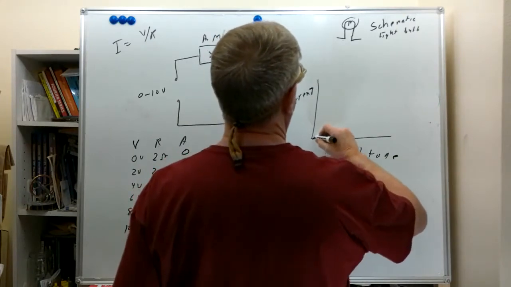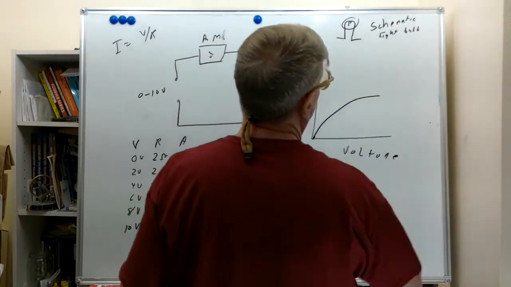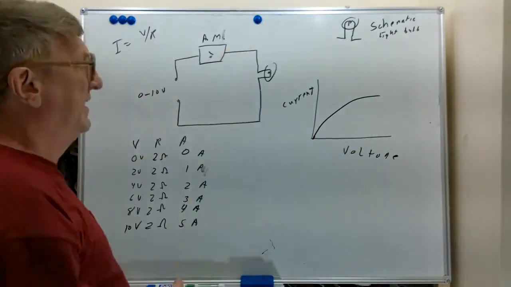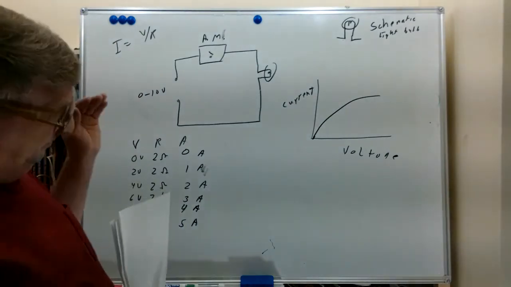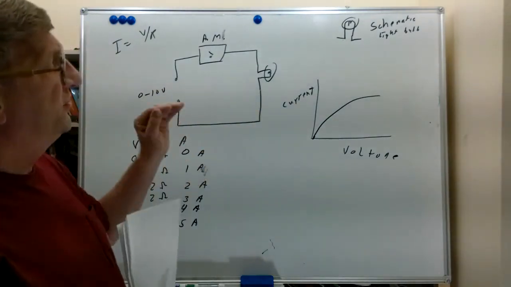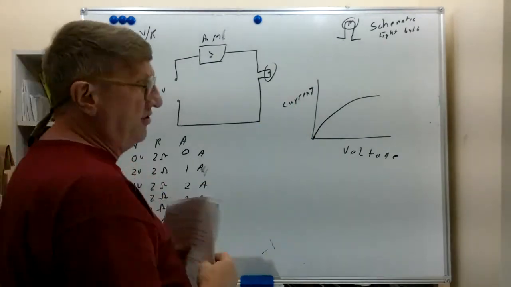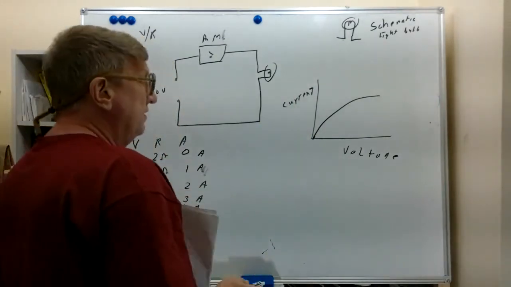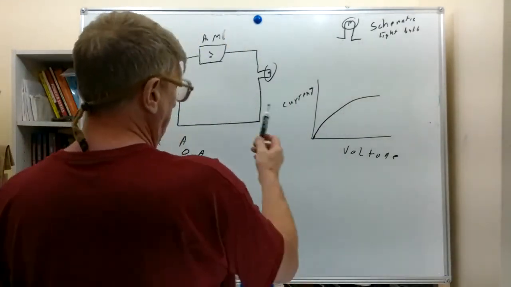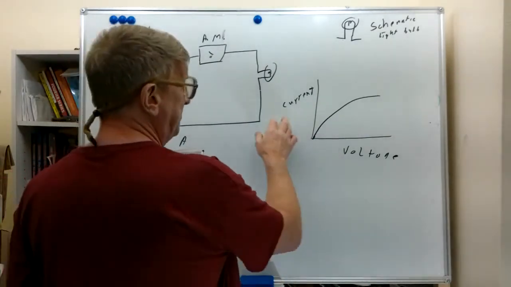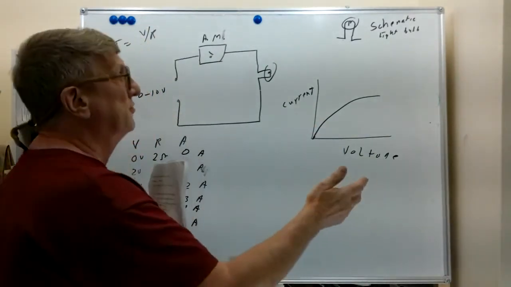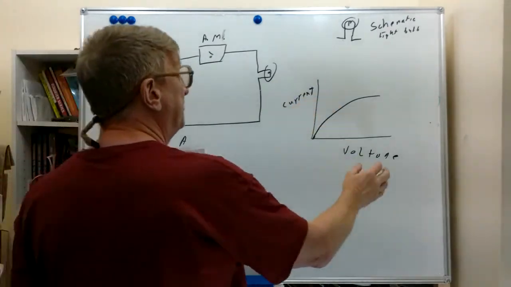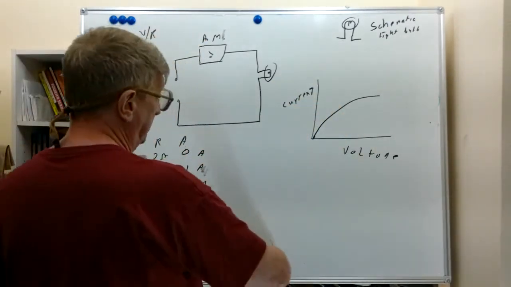You'd see a curve that kind of rounds off like that. This is not linear, but we still see that increased voltage gives increased current. So the relationship between voltage and current is still a direct relationship. As we increase voltage, we increase current.